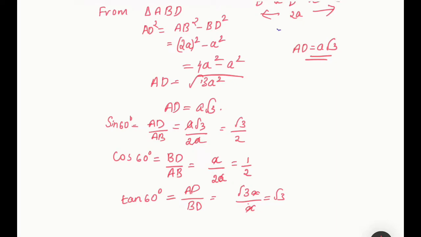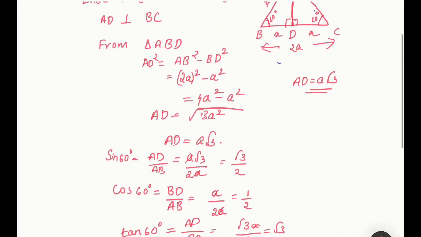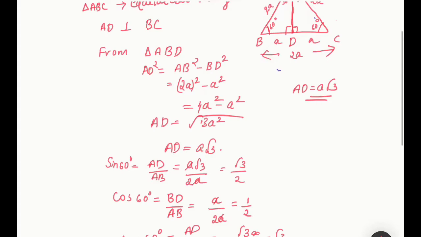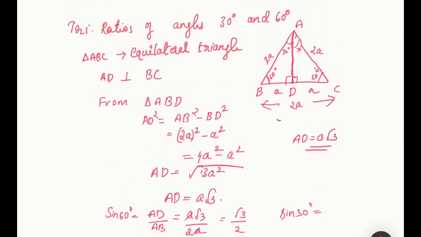Okay. Similarly, cosec, secant and cotangent are all reciprocals of these. So you can find them in a similar way. Now coming to sine 30. Sine 30 will be again, this angle will be taken.